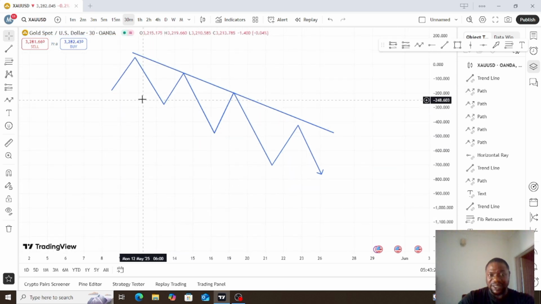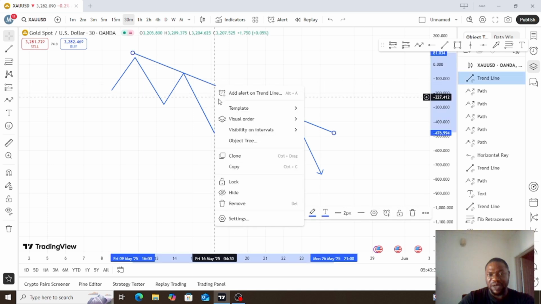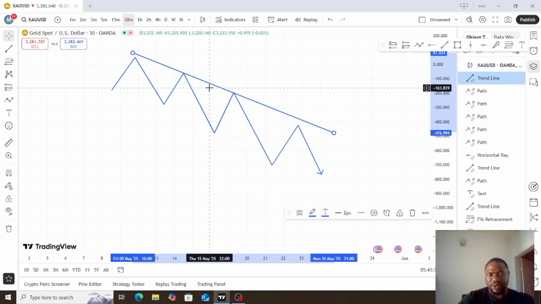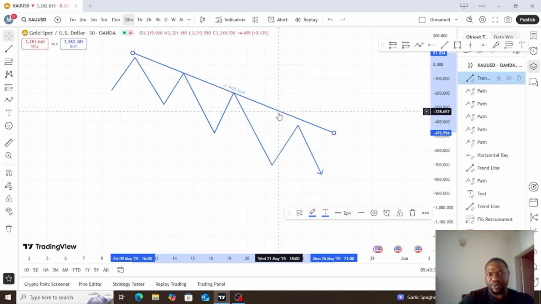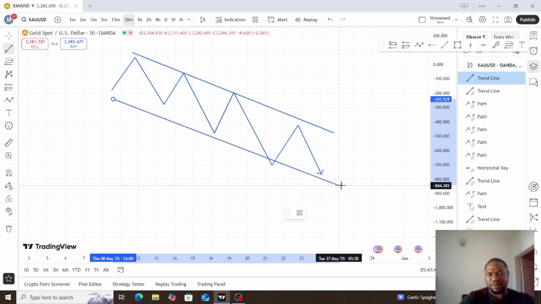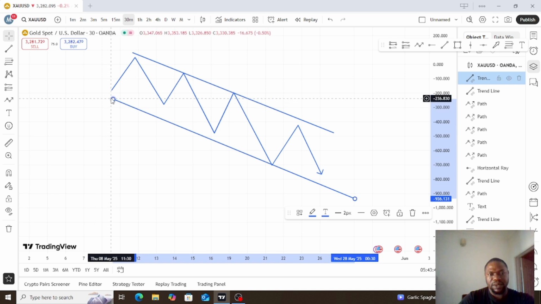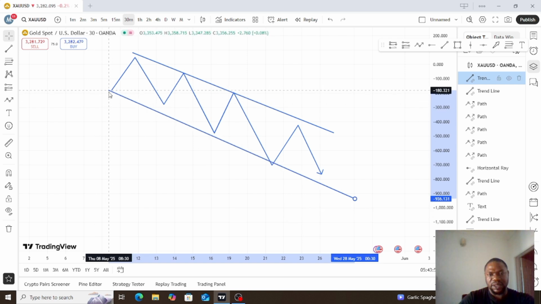Although this is not too necessary, sometimes you do it so that you identify when the market has broken a particular trend. So you draw it like this.